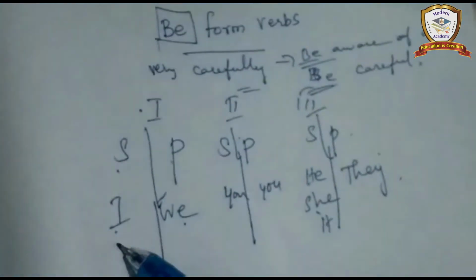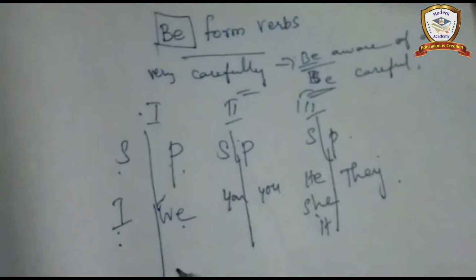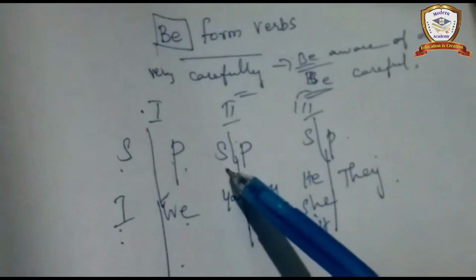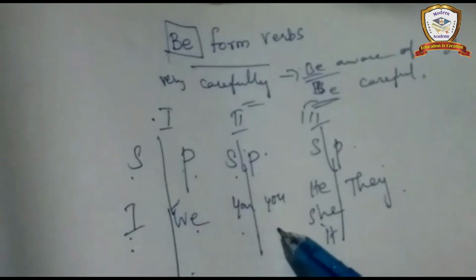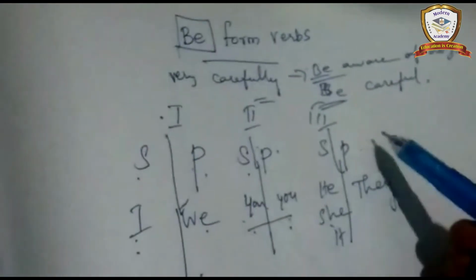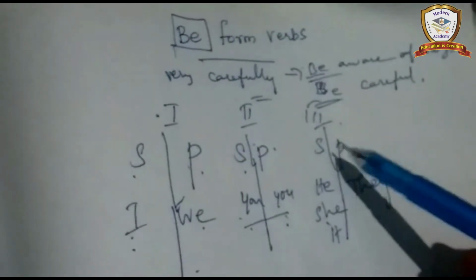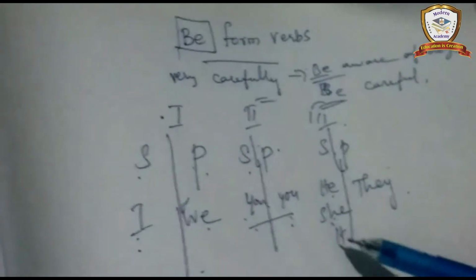Are you clear, students? First person singular means I, plural means we; second person singular means you, second person plural means you. Okay, the same only, we don't want to change anything. And third person singular means he, she, it.